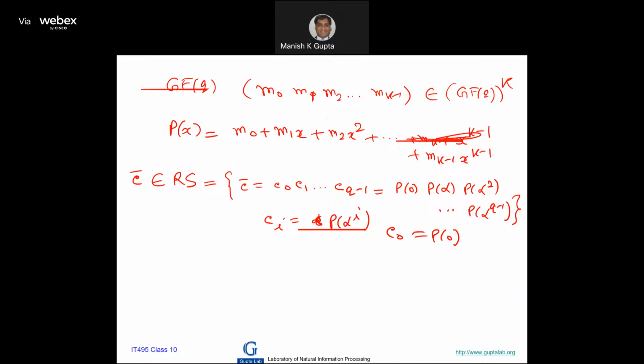See what we are doing? A code word, we'll call it, is a member of the Reed-Solomon code. Each component is evaluated at a certain point. So what are these alpha i's? Alpha i's are elements of the finite field.